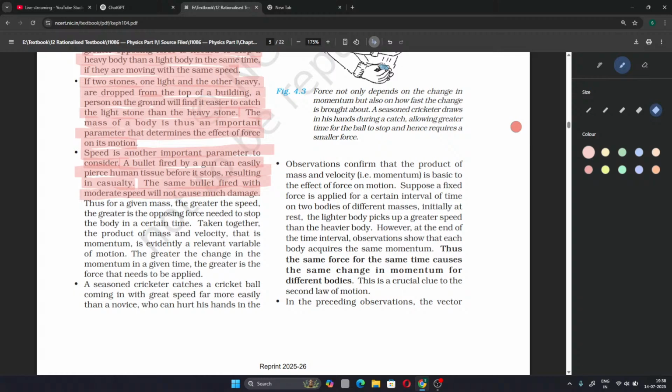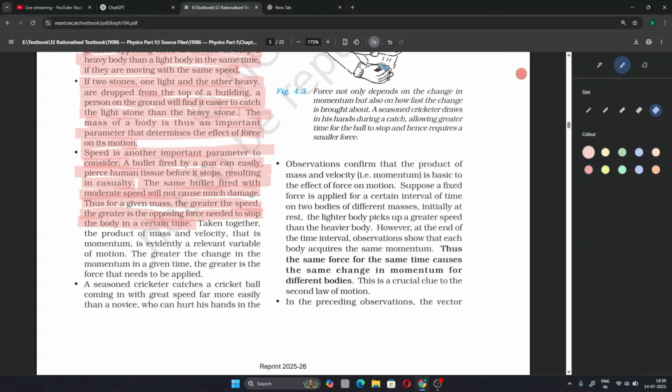The velocity of the bullet is much higher if it is shot from a gun than thrown from a hand. That is why the damage when we shoot through a gun is very much higher than when throwing with a hand. Thus, for a given mass, the greater the speed, the greater is the opposing force needed to stop the body in a certain time.